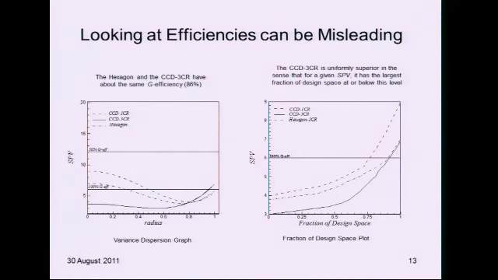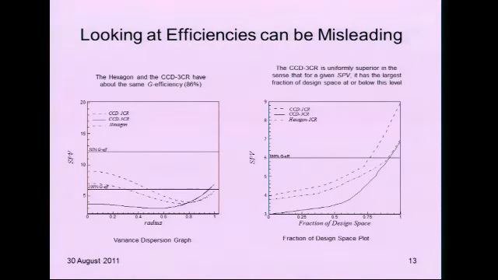Here we're looking at designs on spheres, so they're rotatable for the second order model. If you look at these VDGs, you would see with just a little study that the G efficiency of the central composite design with 3 center runs and the hexagon are just about identical.